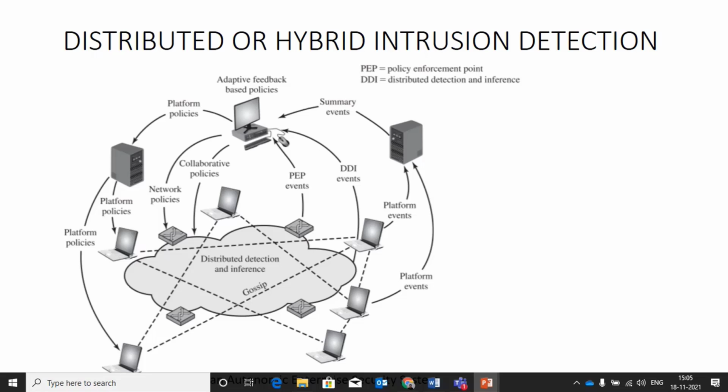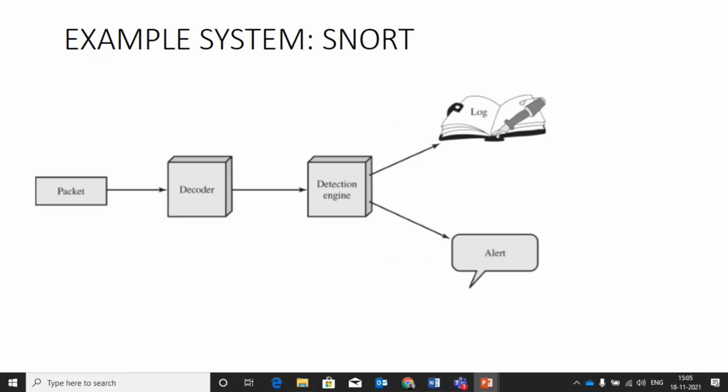Host-based detection can make use of a richer set of data, possibly using application data from the host end as input into the local classifier. So the distributed or hybrid IDS can be constructed using multiple products from a single vendor or from different vendors.